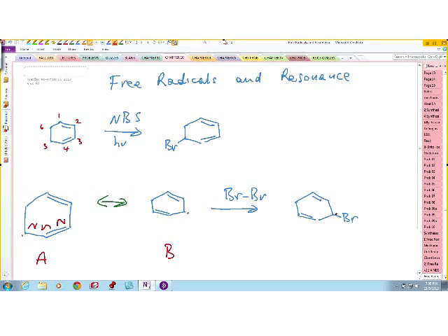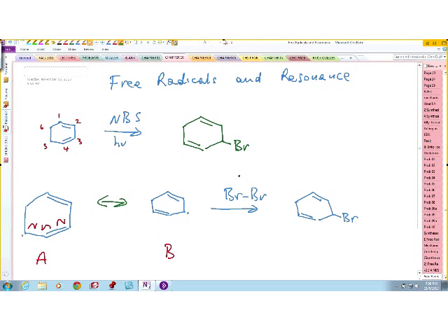So instead of giving this as the product, I could do this: give a mechanism for that reaction.